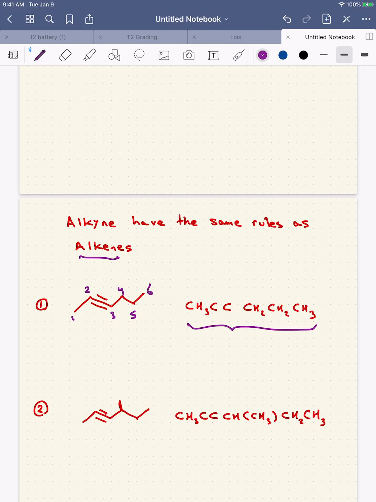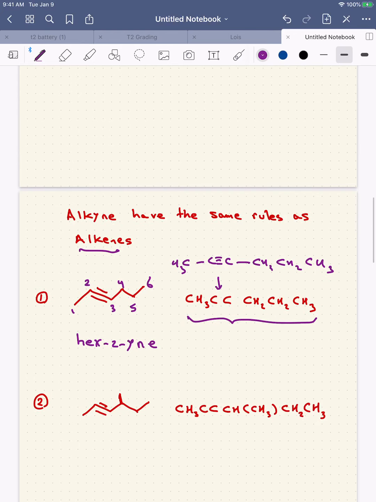If you see a C and a C, then you should notice the triple bond is right here. And then you continue with CH3 and go forward with the remainder of the molecule. Now how should I name it? Same as before, this is hex-2, and then your ending is yne: hex-2-yne or 2-hexyne.